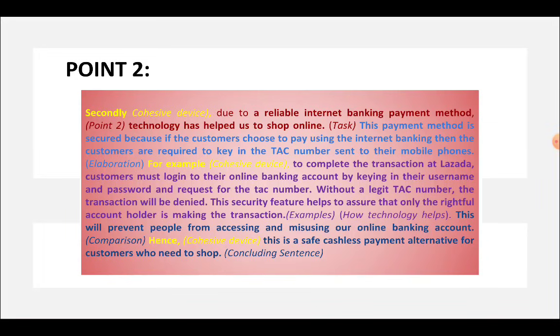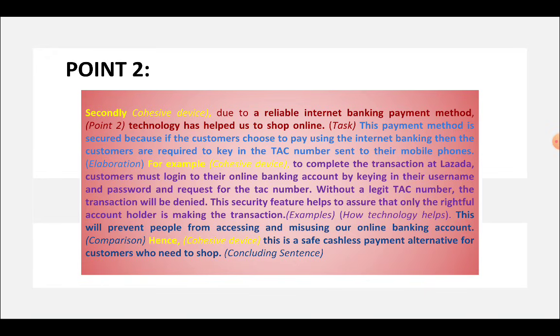We begin with a cohesive device. We are still retaining the same formula in developing and elaborating the ideas. So you can read through the slides here. We are talking about how reliable the internet banking payment method is. Okay, and what do we mean by that?